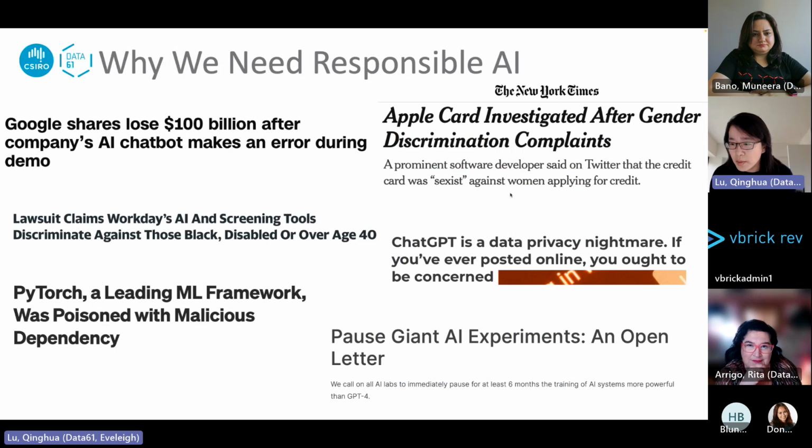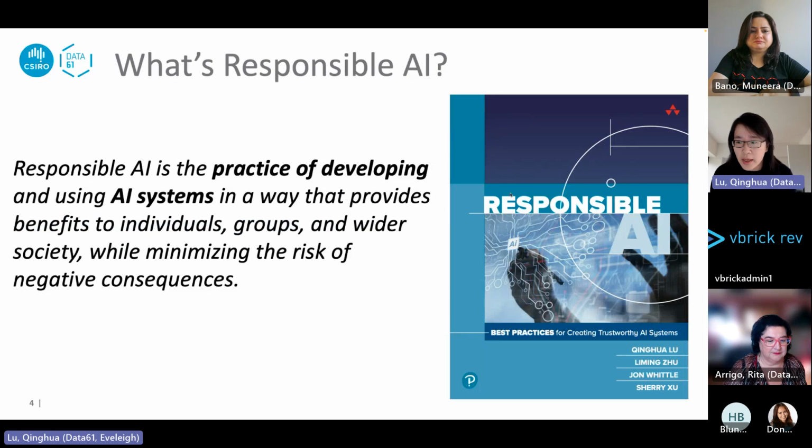Why do we need responsible AI? Here I put some incident headlines to show that although AI has huge potential to change industries and society, people still have many concerns about AI systems' behavior, whether they can make decisions in a responsible way. So what is responsible AI?